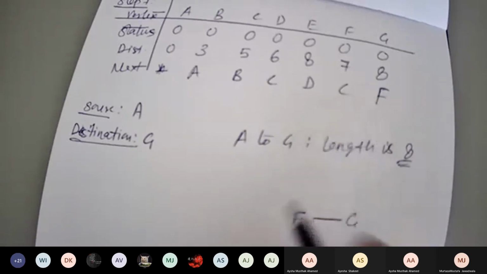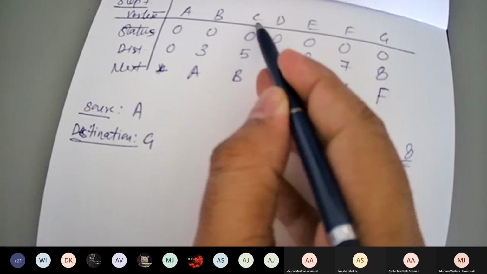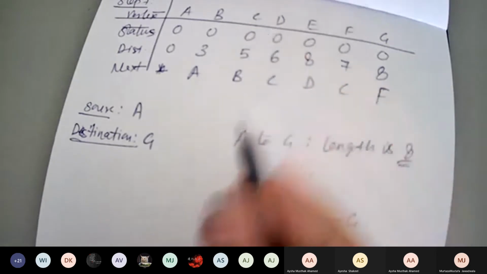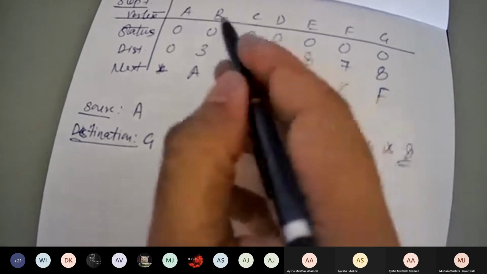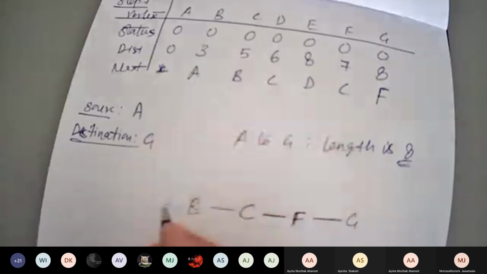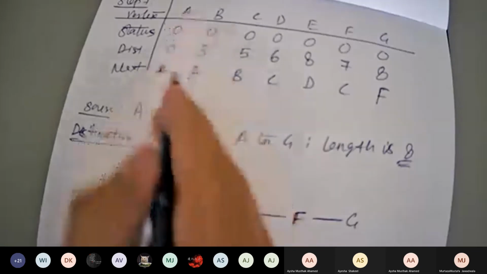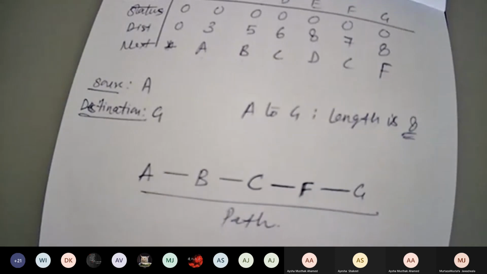C. So you will go to C now. C you are reaching using which vertex? B. Now you will go to B. B you are reaching via which vertex? A. So you will go to A, and the distance was already 0. This will be your final path: A, B, C, F, G.